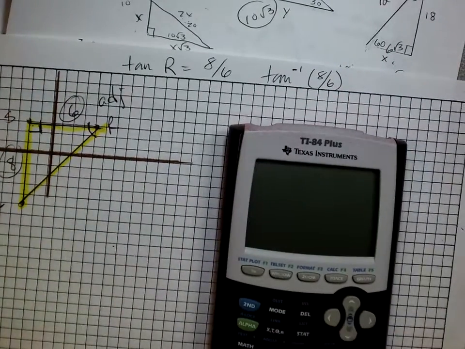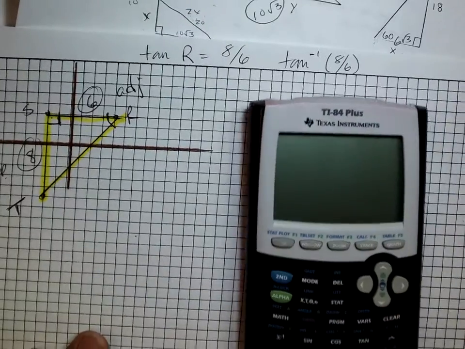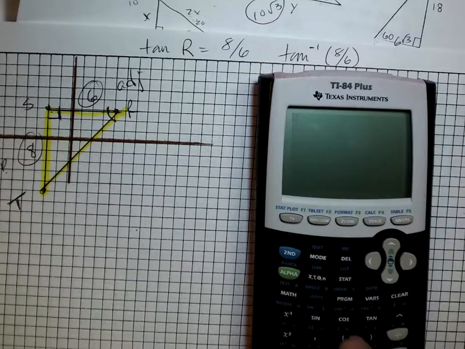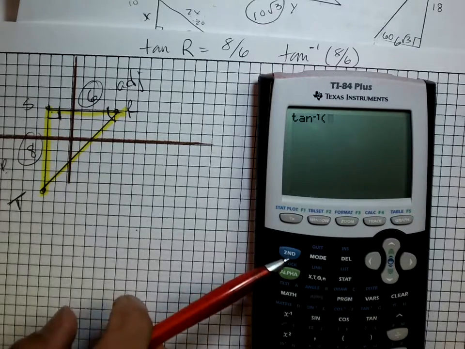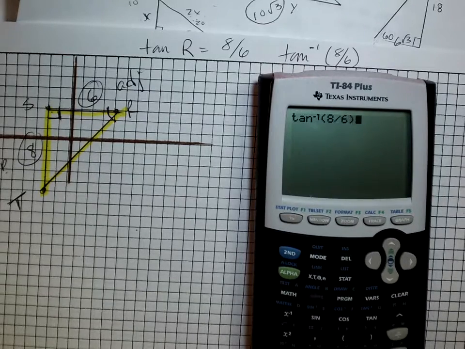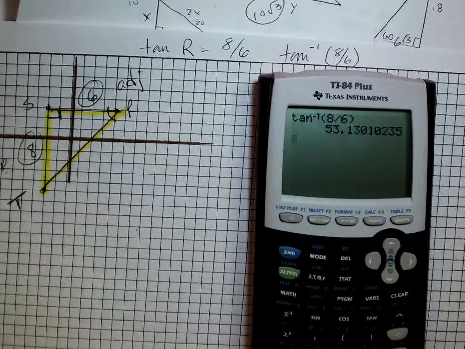So on my calculator, we're just going to go second tan. You have to use the blue button to get this blue tan inverse, okay? Of 8 divided by 6. Boom. Okay, I got about a 53.1 degree angle.